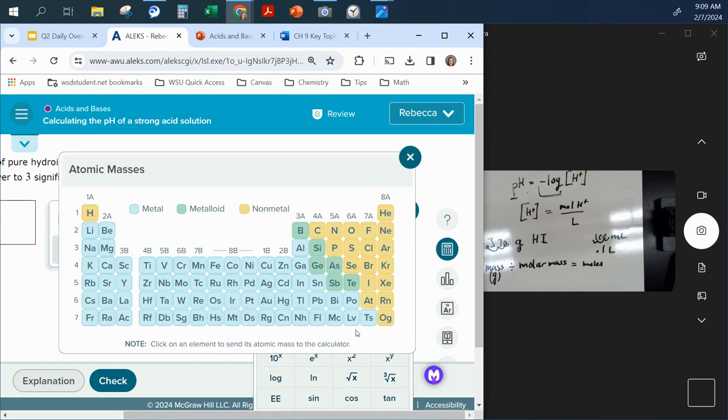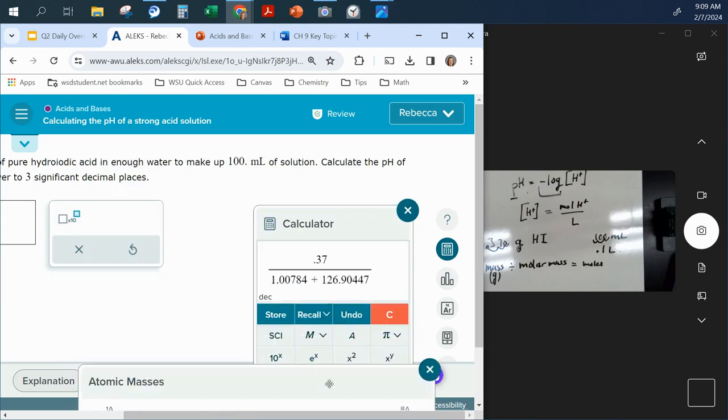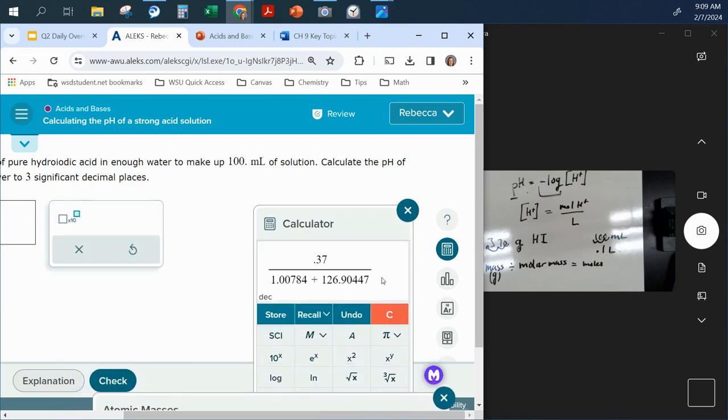So I have to go to my periodic table, and I need 1 hydrogen and 1 iodine, HI. So that's my molar mass. So divide by the molar mass. This is the number of moles in this solution. Okay, and then we're going to divide by the volume, which is in liters, 0.1.